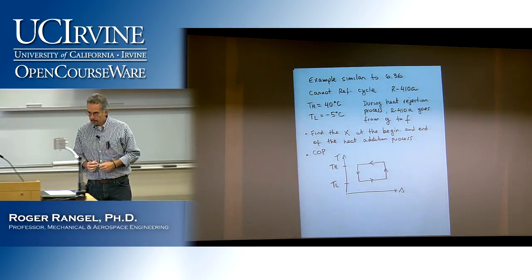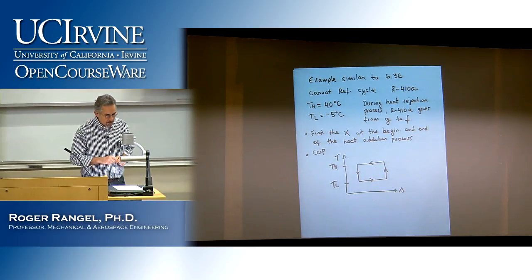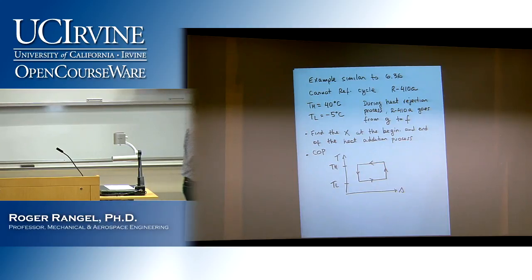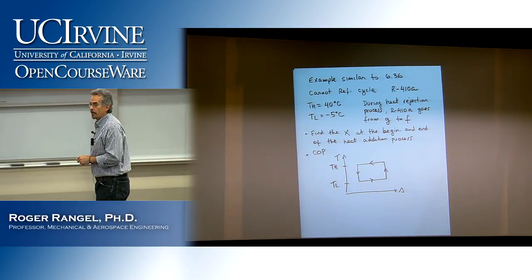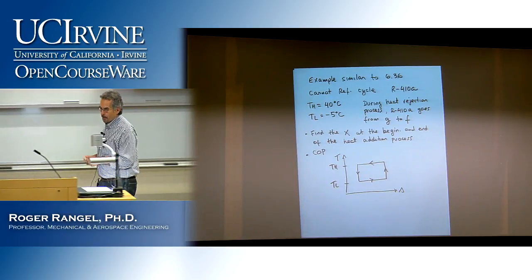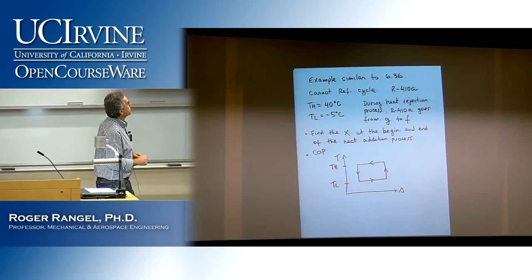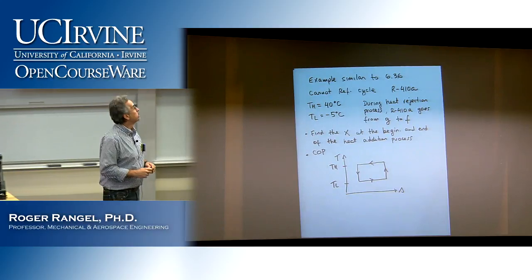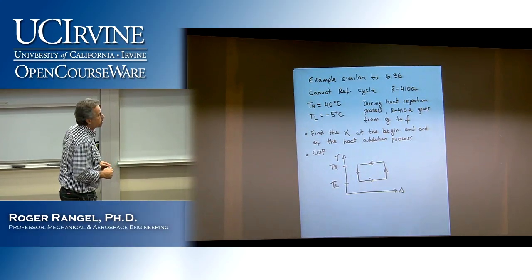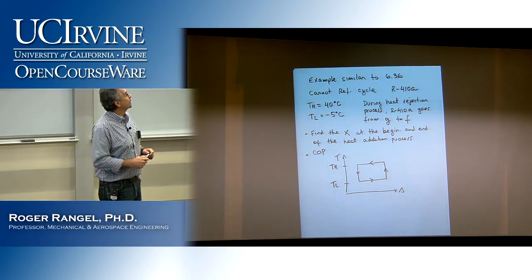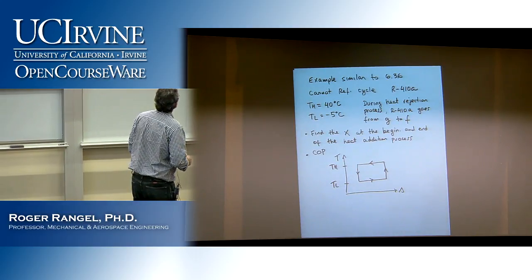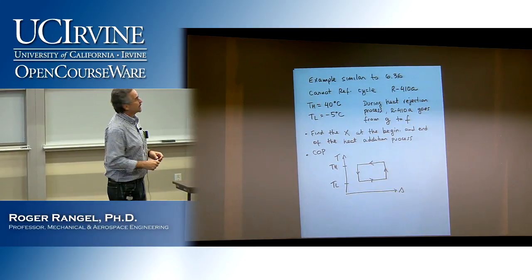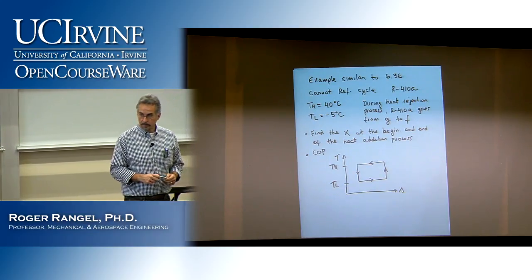All right. My first question to you would be, where is the dome? If I want to add the dome to this TS diagram, where do I put the dome? The key to the answer, of course, is in the sentence that says, during the heat rejection process, the refrigerant goes from saturated vapor to saturated liquid.